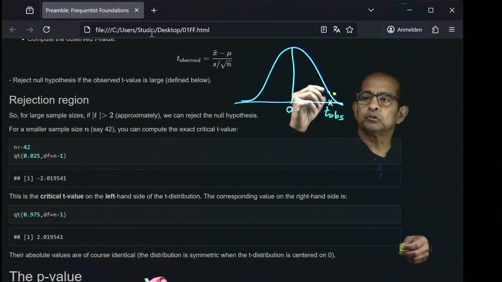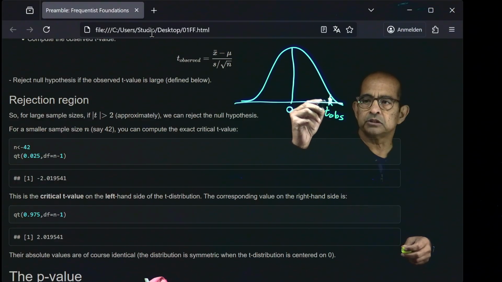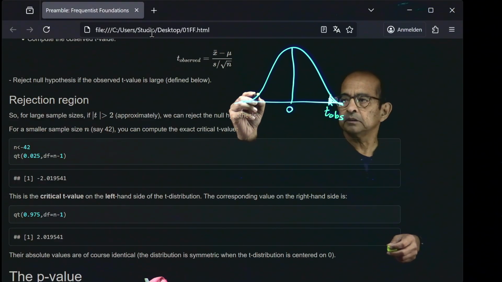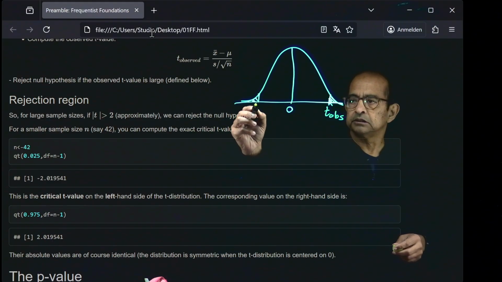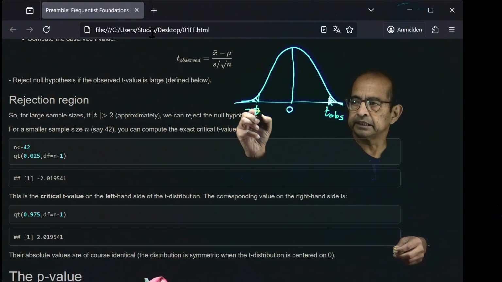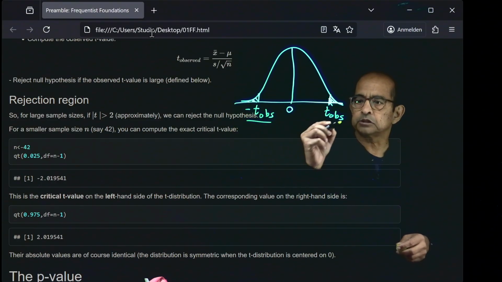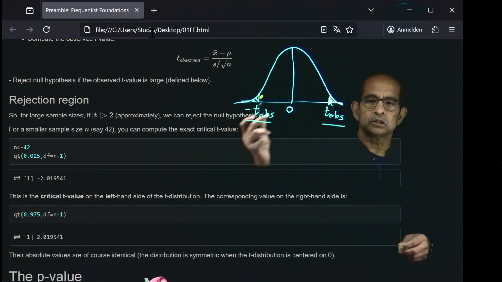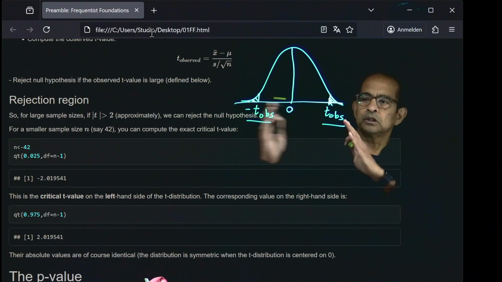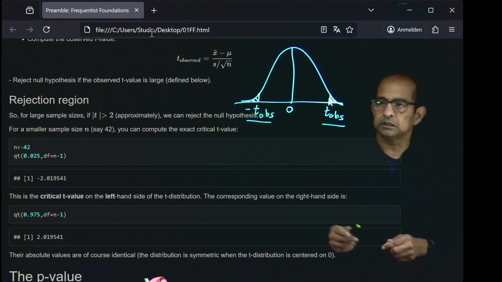Then the p-value that we will report is the probability of observing this observed t-value or something more extreme in both directions of the t distribution. So we would take the negation of the observed t-value, and so these two numbers would be identical as absolute numbers. So we're just looking to the left and right of the distribution from the absolute observed t-value.